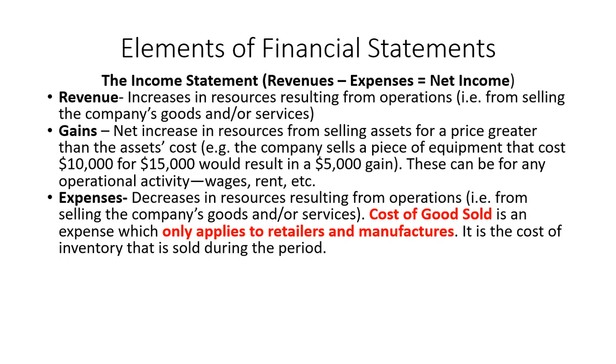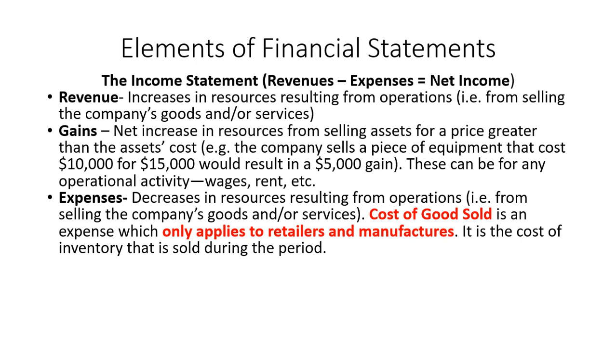Okay, cost of goods sold. Now, I do want to emphasize an expense that I'm going to get to in the Excel example in a second, but cost of goods sold is a key expense, and it's the cost of the goods that you sold this period.